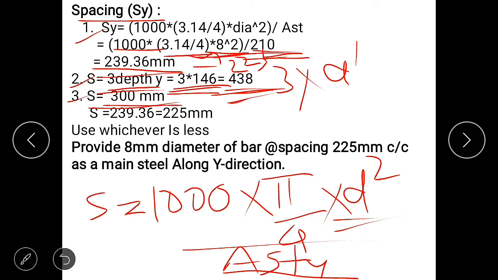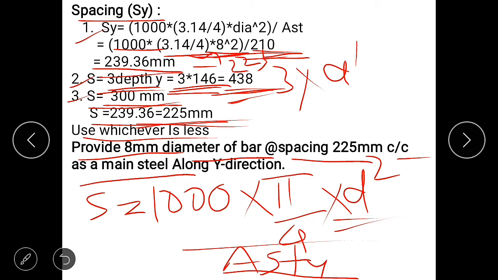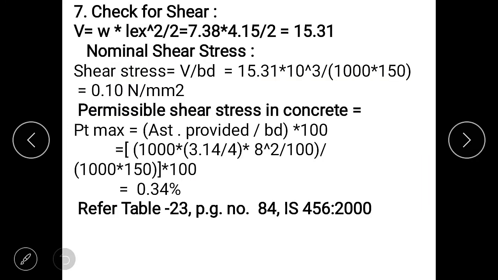From these three, which value is less? 225 is less. So whichever is less, we provide as the spacing. So we provide an 8 mm diameter bar at a spacing of 225 mm center to center as the main steel along the y direction. Along the y direction we provided an 8 mm bar and the spacing is 225 mm center to center.